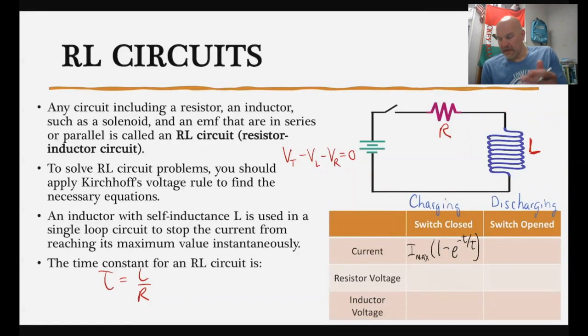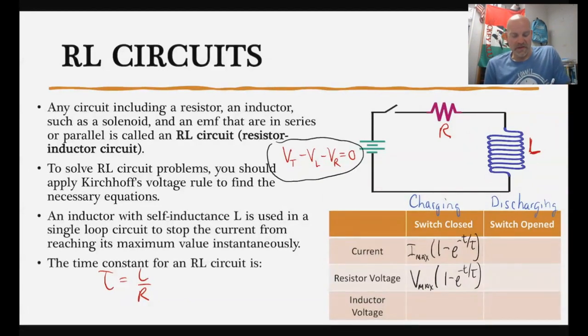The resistor will have a max voltage times 1 minus e to the negative t over tau. All of this is derived through Kirchhoff's voltage rule. And the inductor will have, and all these are Vmax, a value of e to the negative t over tau.